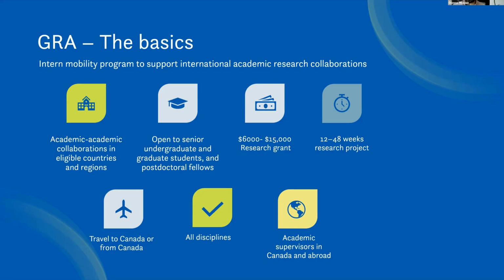So there could be inbound or outbound mobility within different projects, but also within the same project. It's open to all disciplines, but of course today we're going to be talking more about quantum, but it's open to all disciplines in general. And lastly, there's always an academic supervisor in Canada and one academic supervisor at the university abroad.